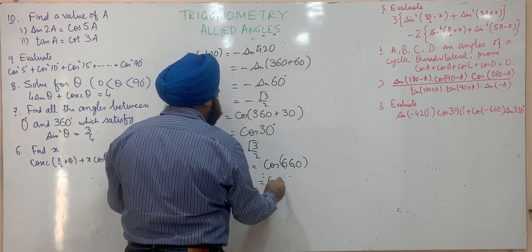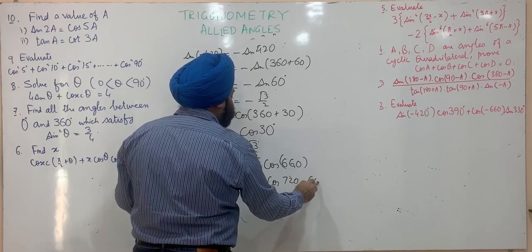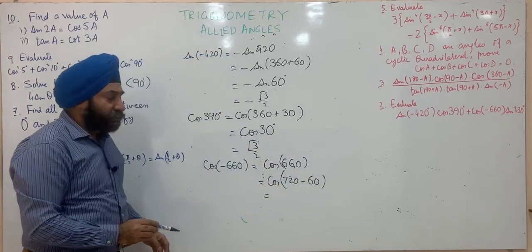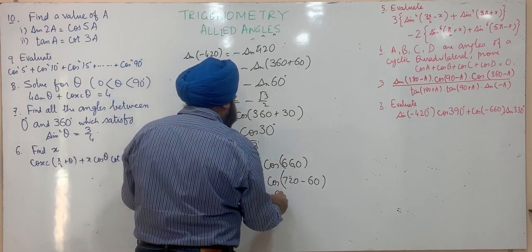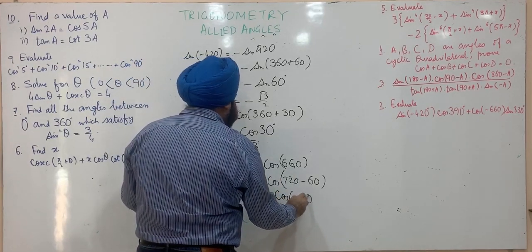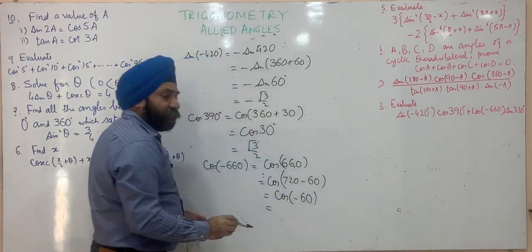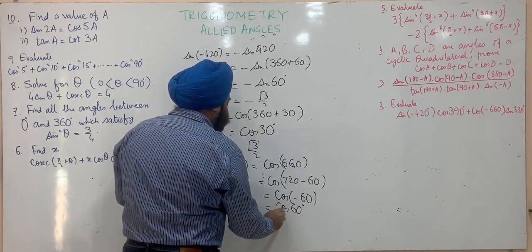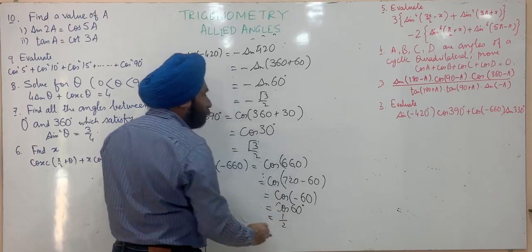That's cos of 720 minus 60. This being a multiple of 360 degrees, we remove this. This is cos of minus 60. Cos of minus 60 is cos of 60 degrees, and this is 1 by 2.